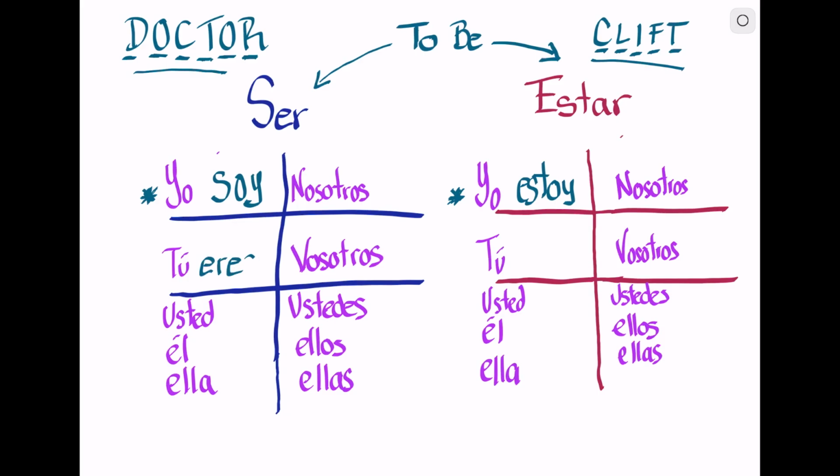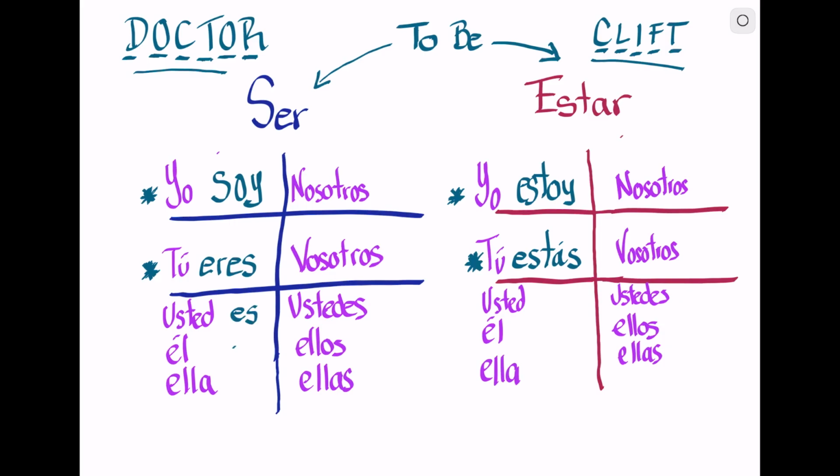For tú it will be eres or estás. Again, you have to choose between the two of them depending on what you're talking about. For example, you are Christian, religion, so tú eres. You are sick, tú estás, because it's a condition.